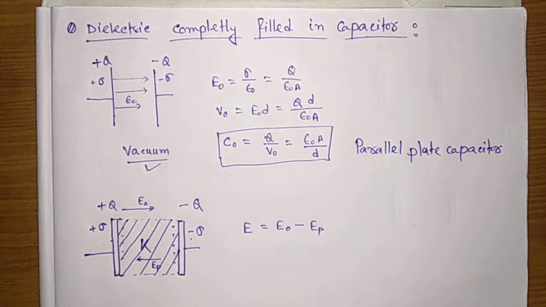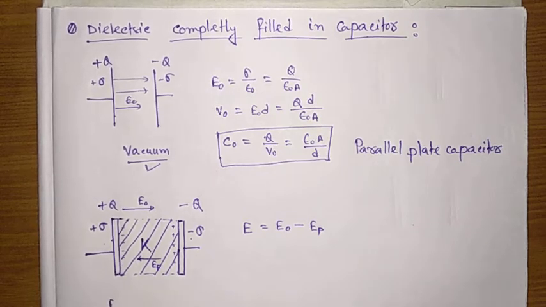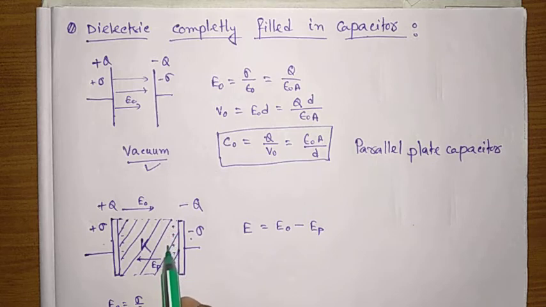Now E naught is equal to sigma by epsilon naught, and due to polarization a few positive charges are created here and a few negative charges here.